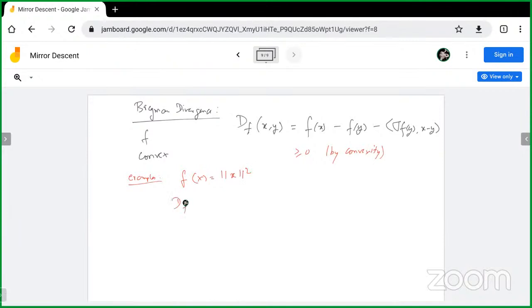So this is the 2-norm squared minus 2y minus y. I just took the gradient at y and multiplied by x minus y.